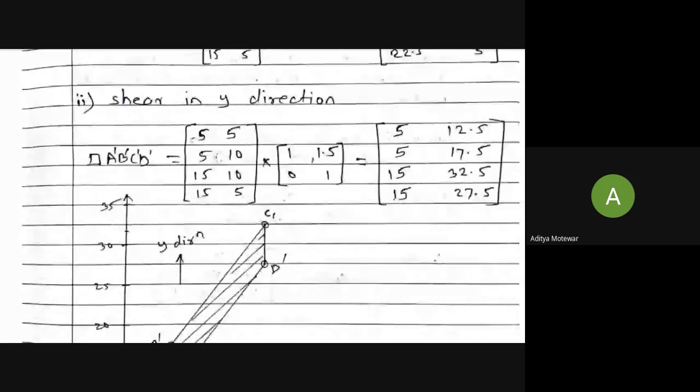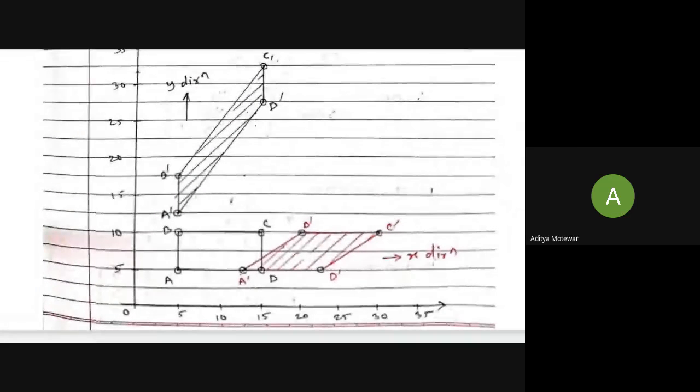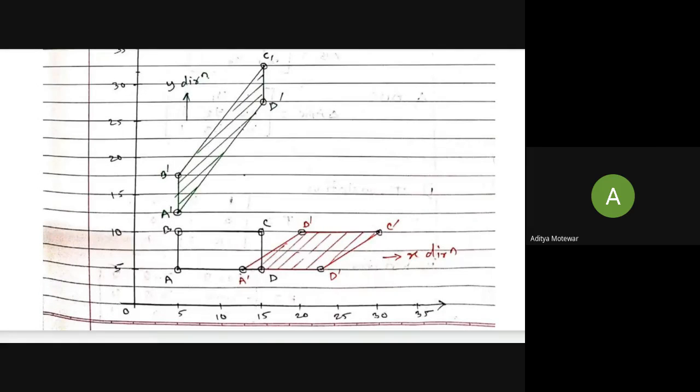So all these three matrices, try to draw in a sketch. ABCD is the given matrix, and after x direction shear, see here, you can check if your answer is right or wrong with the help of the diagram. The examiner will focus only on the diagram. Shear is nothing but the slant of the object.